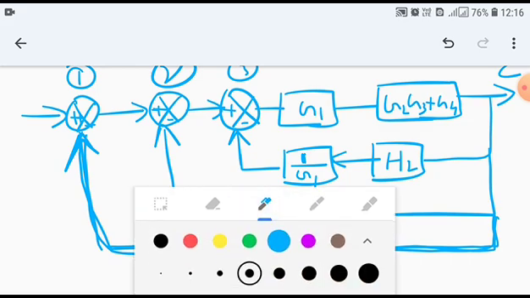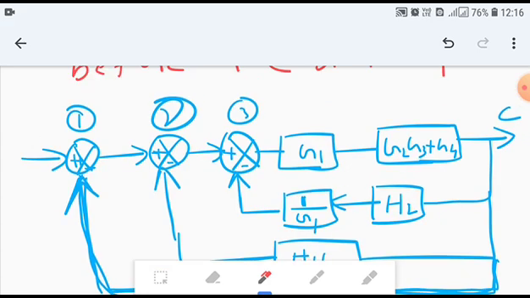Now one thing I will tell, why we are adding this 1 by G1 here: earlier the summing point is here, so along H2 we were not getting the G1 gain earlier. H2 into G1 we didn't have. Now if we don't add this 1 by G1 and just shift the summing point, H2 is in feedback.